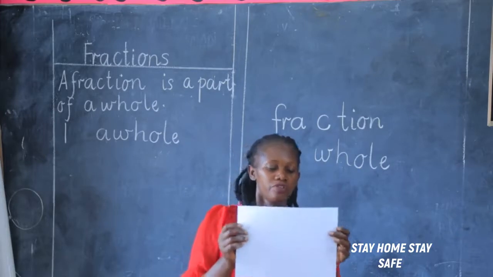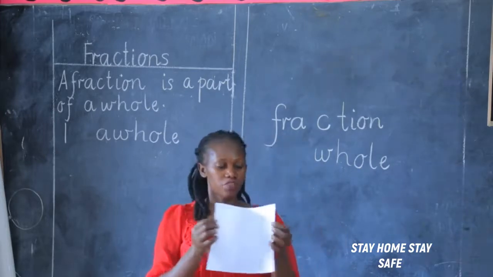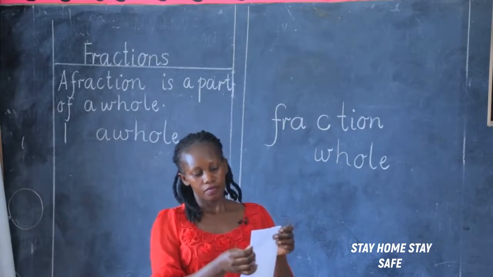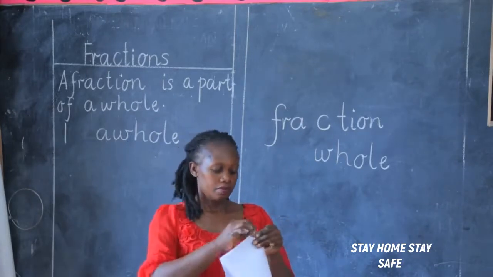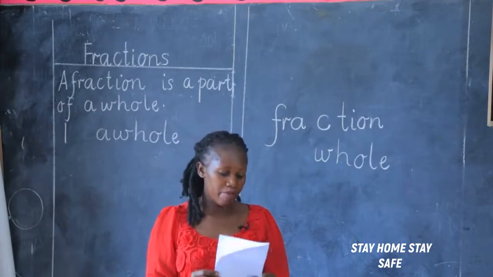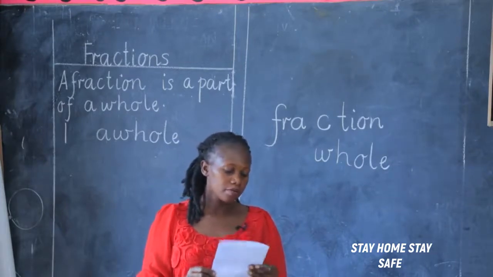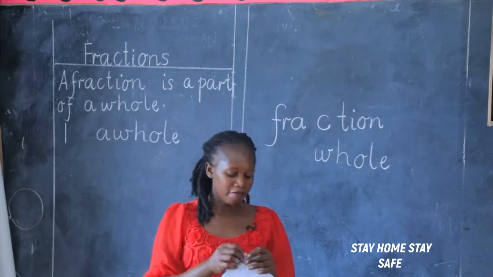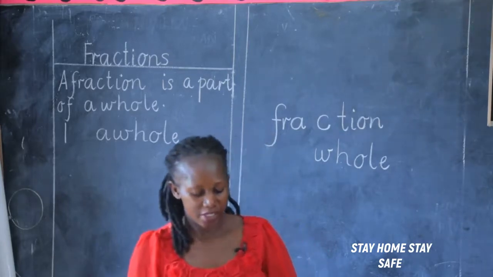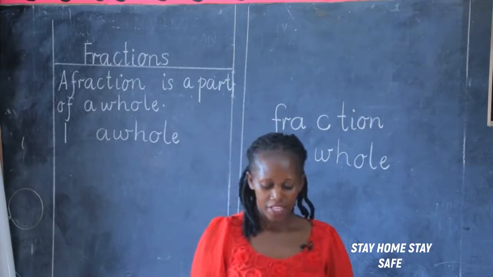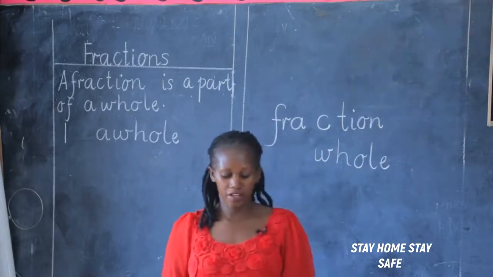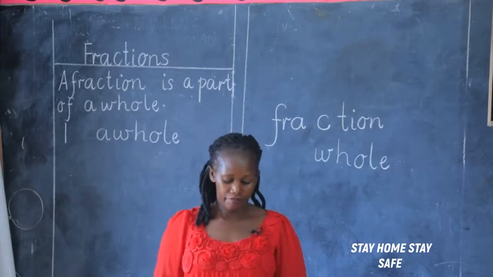Now, I'm going to fold this paper into two equal sides. I had one paper, remember? I had a whole. Now I want to have pieces, like the way mommy buys for you an apple and tells you, share with your brother. Then you get a knife.